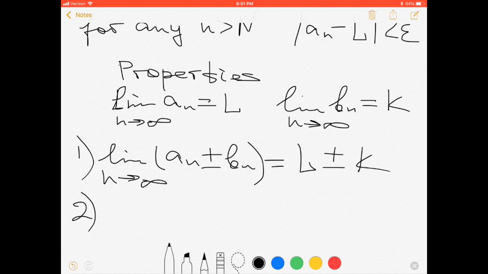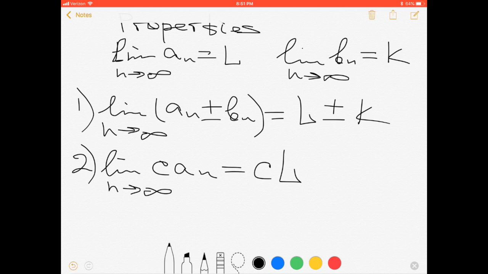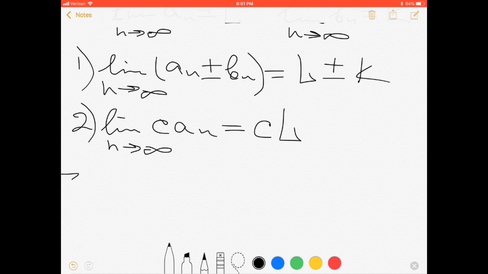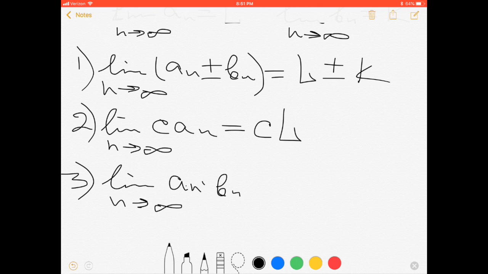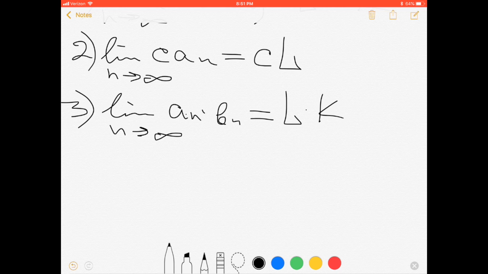Second, if you multiply your sequence by a constant and try to find the limit, it means you multiply your old limit by the same constant. Third, if you multiply two sequences and try to find the limit, it will be the product of your limits. The limit of a product is the product of limits.